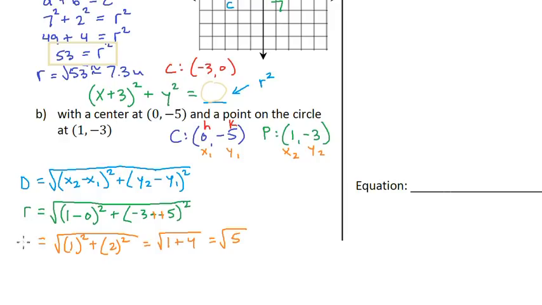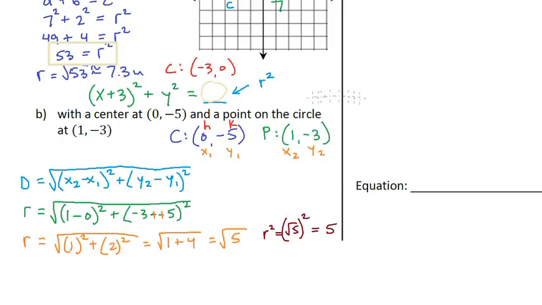So in this case, unlike the Pythagorean theorem, we did end up with r. That means to write our equation, we're going to have to change that to r squared. And I can do that right here, if you want to just go ahead and write this at the end. That means r squared is equal to the square root of 5 squared, which is just equal to 5, because the square root cancels the square.